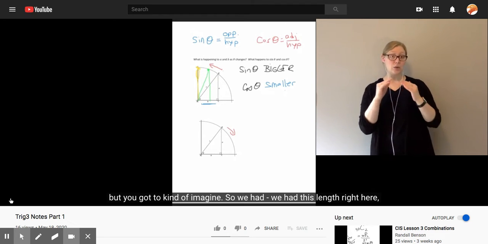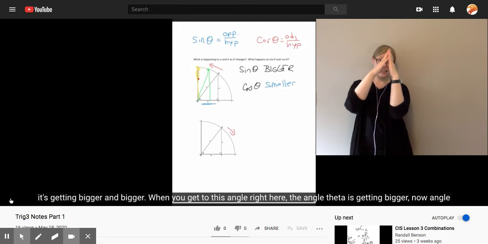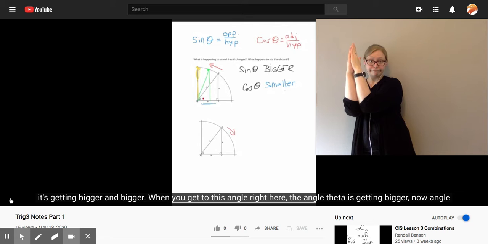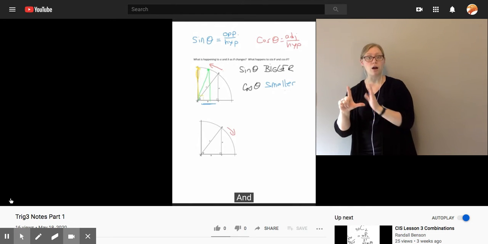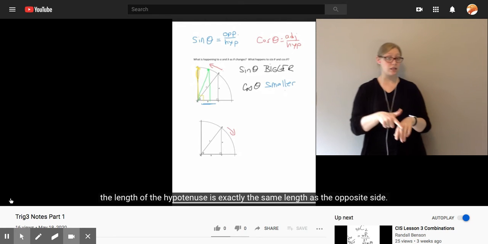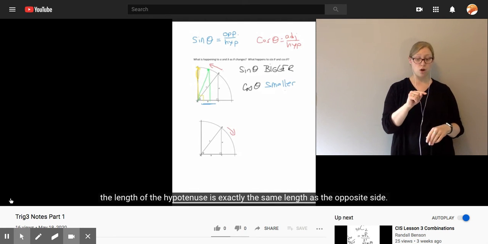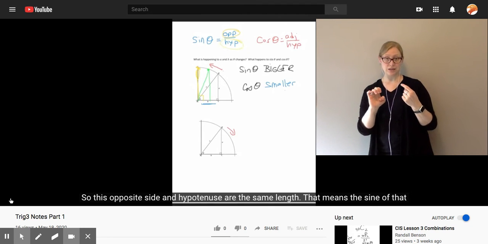So we had this length right here. It's getting bigger and bigger. When you get to this angle right here, the angle theta is getting bigger. Now angle theta is a 90-degree angle, and the length of the hypotenuse is exactly the same length as the opposite side. So this opposite side and the hypotenuse are the same length.